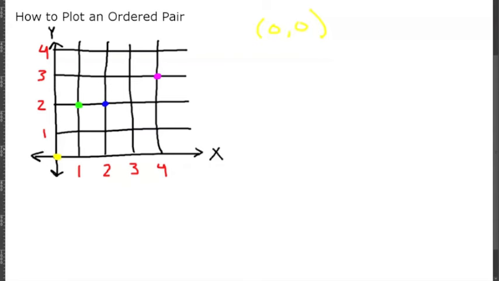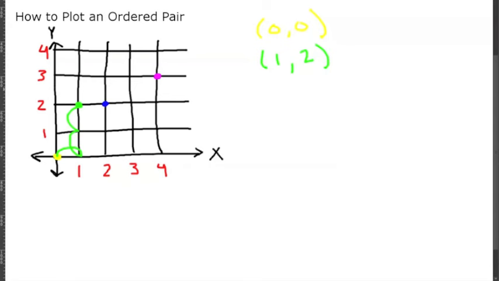Let's next go to green. To get to green, we need to go 1 to the right. So that's 1 in the x direction. So our coordinate for x is going to be 1. And we're going to need to go 2 up. 1, 2. So 2 is our y value. So our coordinate x, y, 1, 2.